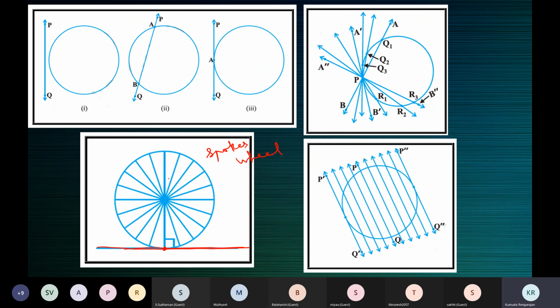The spokes of the wheel, when it moves on the road, I can't turn it over here, but you can understand that. So here at this particular point, this spoke is perpendicular to the road, like radius perpendicular to tangent. That's what this figure is.